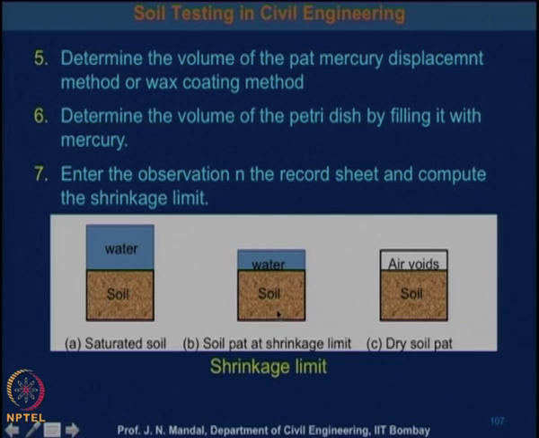Second, this is the soil pat at the shrinkage limit. After that you keep it in the oven for 24 hours, and all the air voids will be removed, and we can take the dry soil pat.